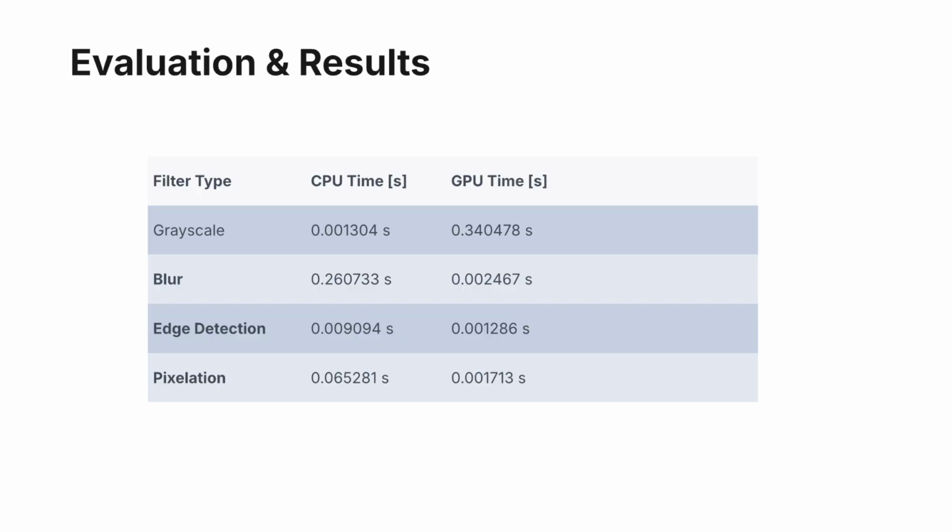That gives the GPU enough work to show its strength. The edge detection is also faster on the GPU because each pixel uses neighboring pixels and the Sobel math, and the pixel filter is faster as well because the work is split across many blocks and pixels, which shows the GPU is faster.